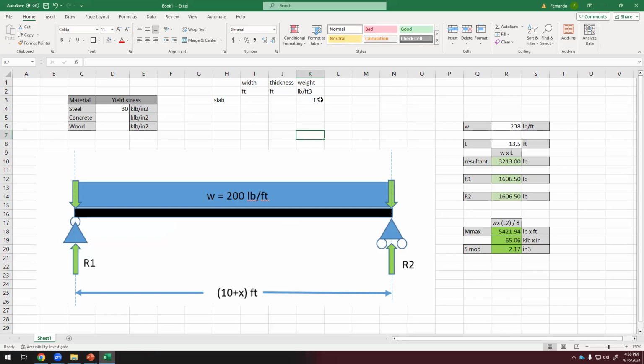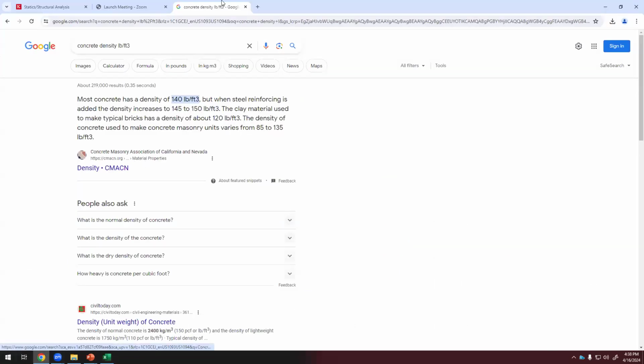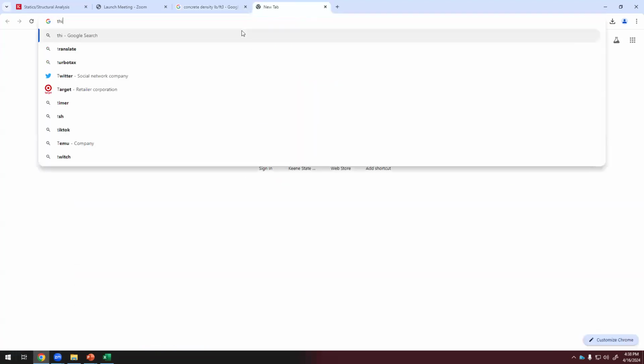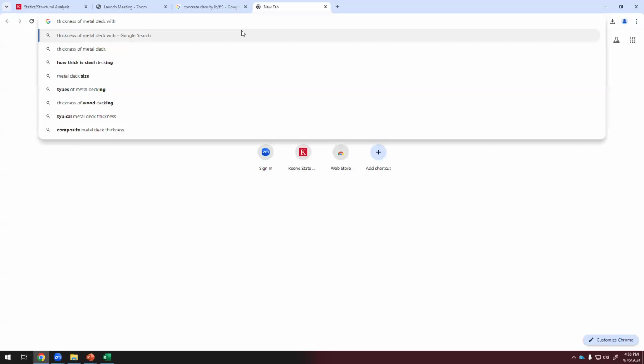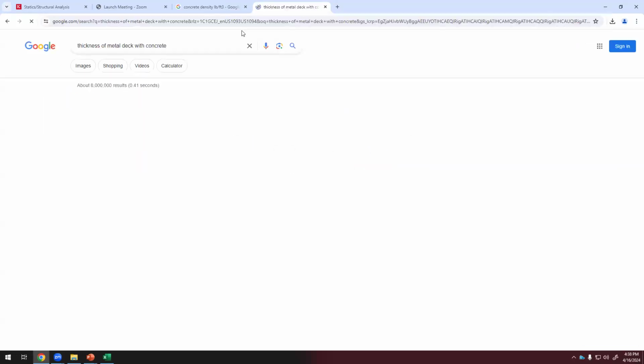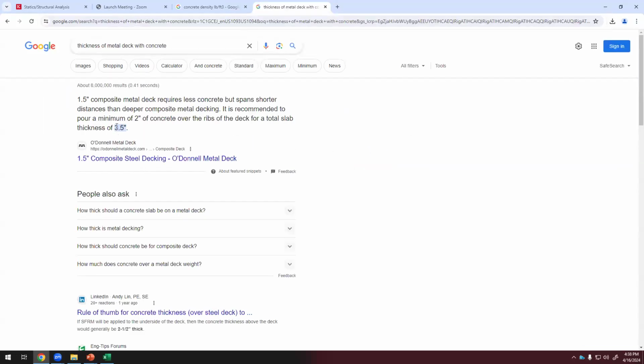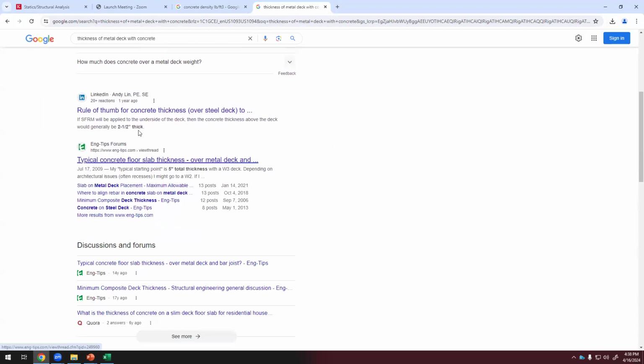So here we have 150 pounds, that's the weight, pounds per cubic feet. What's the thickness of the slab? This is what we have to calculate. If we're working with this slab, this is a metal deck. So we have the thickness of metal deck with concrete. It depends, okay? It requires 2 inches of concrete.